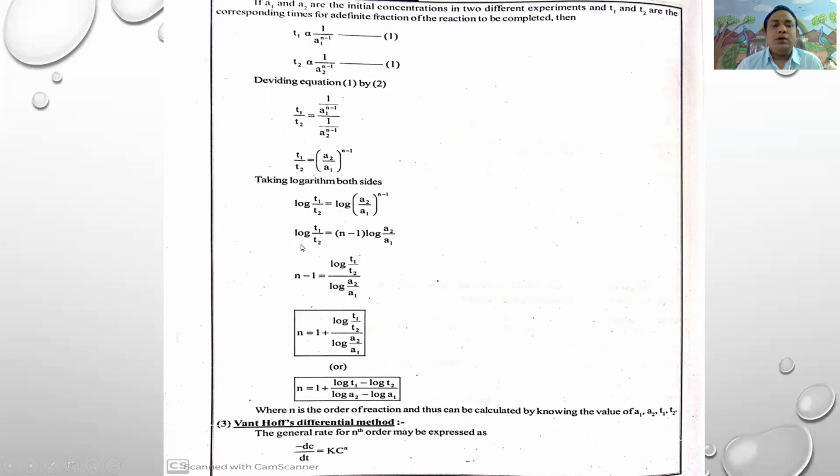That implies log(t1/2 / t2/2) equals (n minus 1) log(a2/a1).